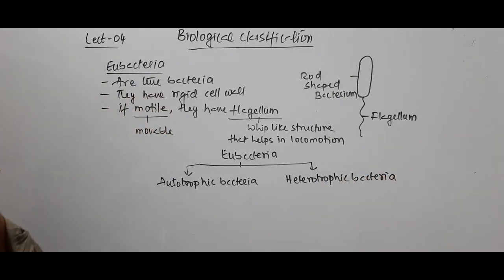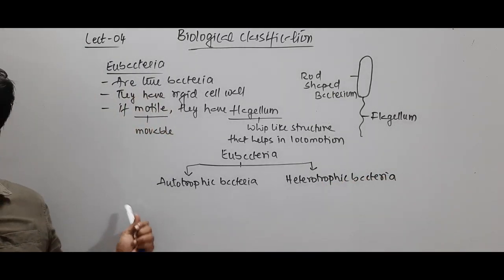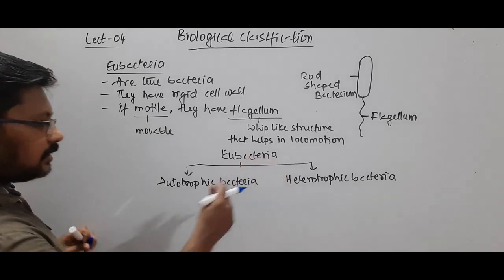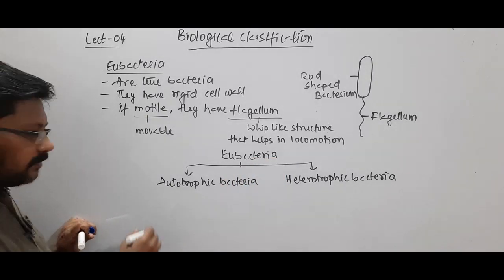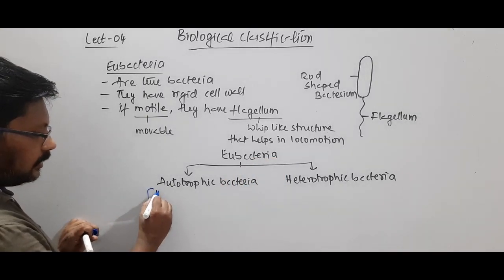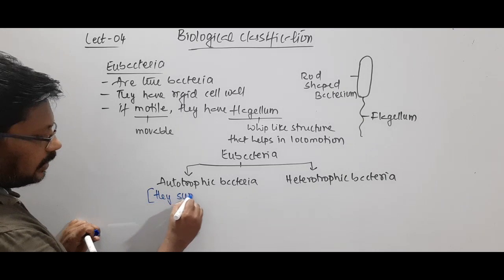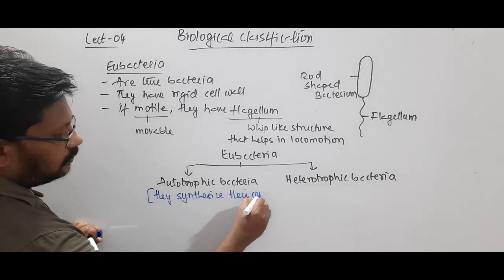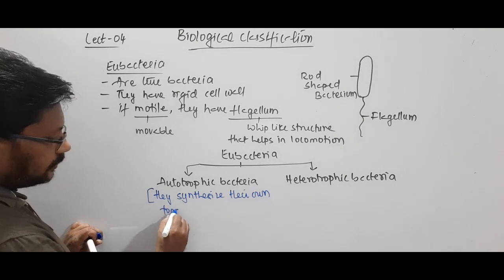Here we have already understood what autotrophic bacteria are. Autotrophic bacteria are the bacteria that synthesize their own food materials.